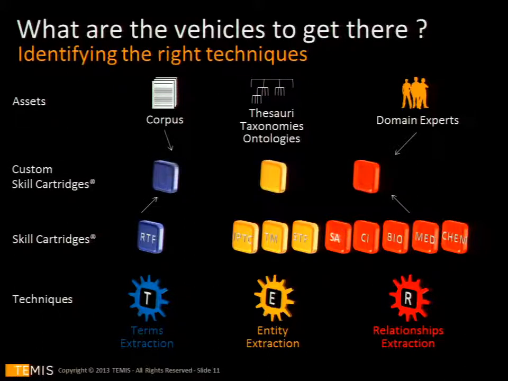And it gets interesting when we combine the existing skill cartridges and then the enriched corpus to make the basic skill cartridge more relevant to your domain. And when we take thesaurus, taxonomies, and ontologies to turn them into specific skill cartridges. And of course, when we use the domain expert to curate, validate, enhance the quality of the tagging system itself. That's the big picture.